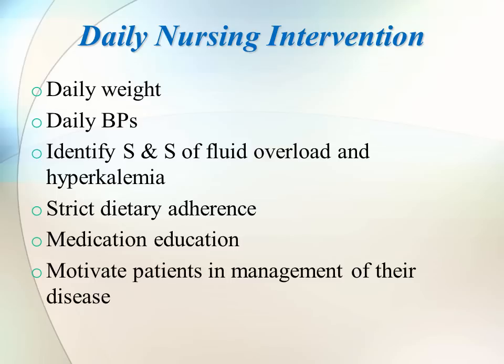Remember, we are talking about fluid volume overload here, and that is called fluid status. When we talk about fluid status, we talk about monitoring weight and blood pressure as the main indicators.